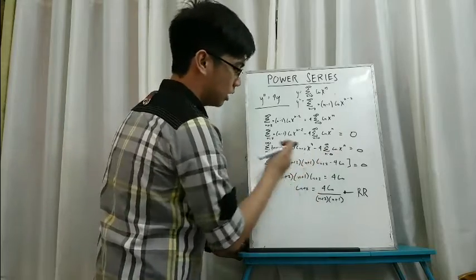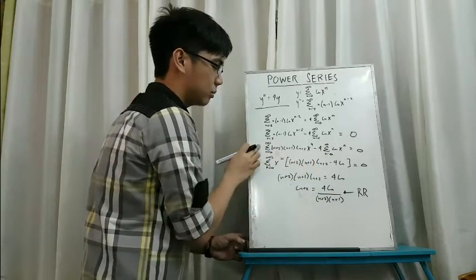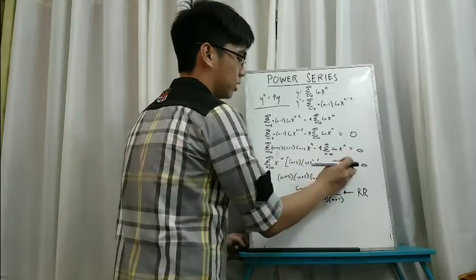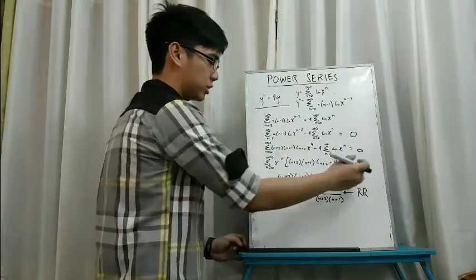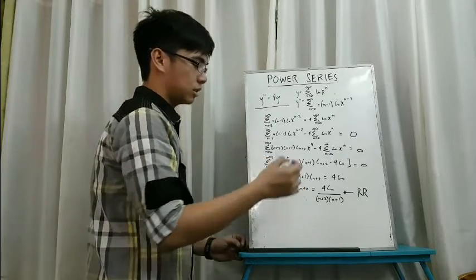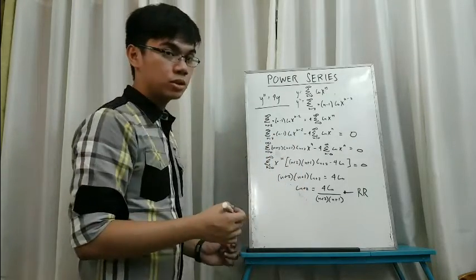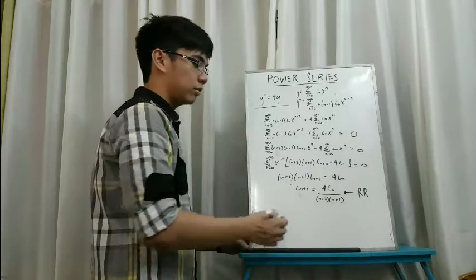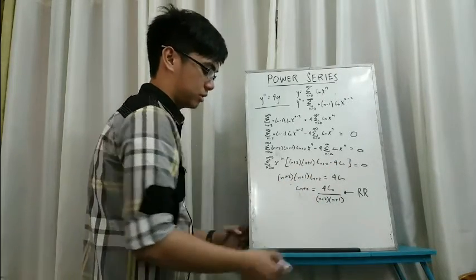So in here, as you can see, you can factor out the summation and x raised to n. So here is our new expression, and as x raised to n should not be equal to 0, we equated this to 0, forming our recursion relation.